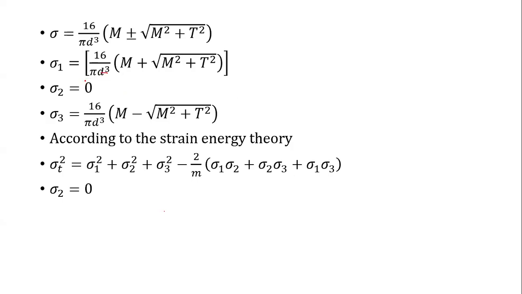Stress 1 is this, which is 16 over pi d cubed, then open brackets m plus m squared plus t squared. Stress 2, 0. Stress number 3, that's where we're putting minus where there is plus; we just change, we put minus, and we leave it like that.